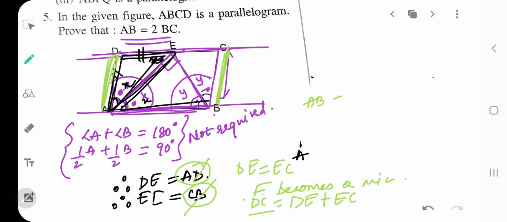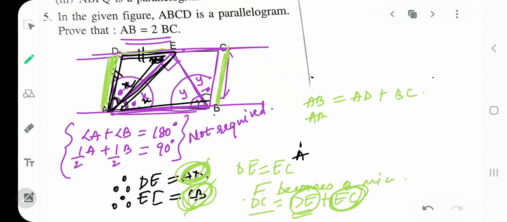And instead of DE I write AD, because DE is equal to AD. So will that work if I write AD in place of DE, plus, in place of EC, can I write BC? Will that work?